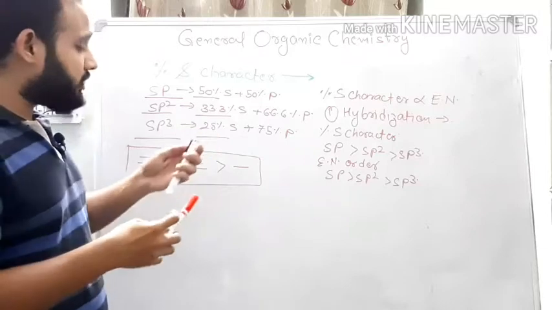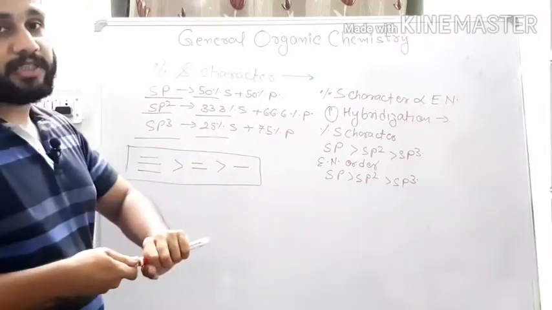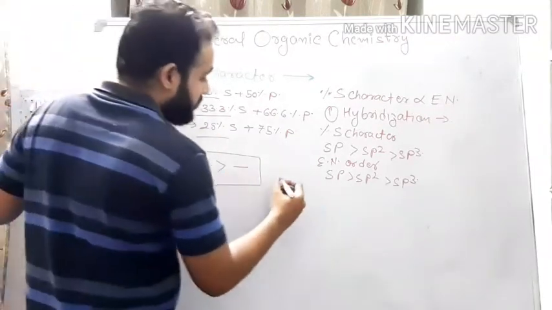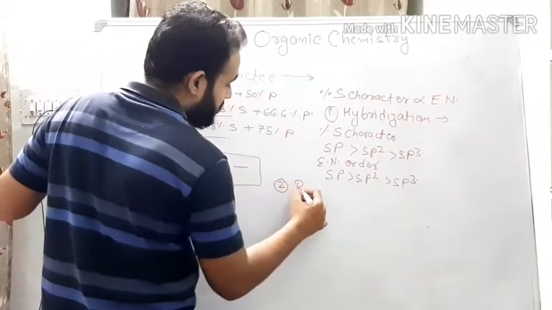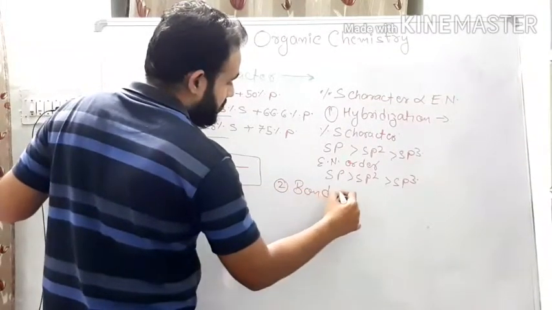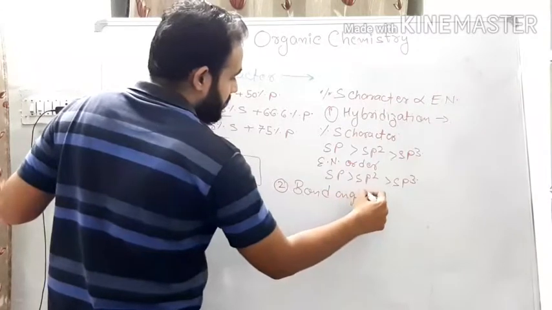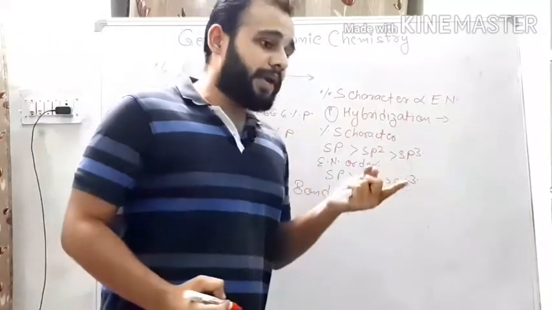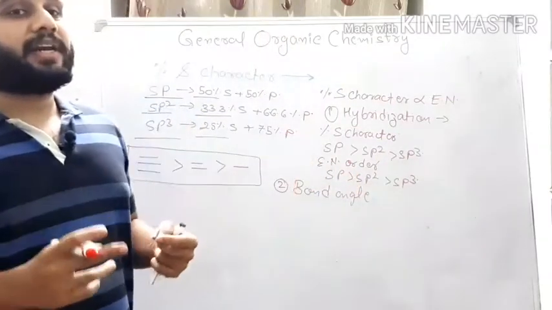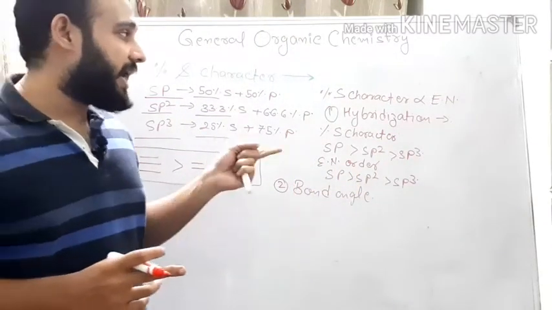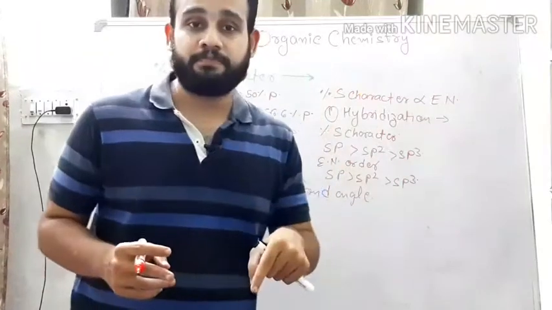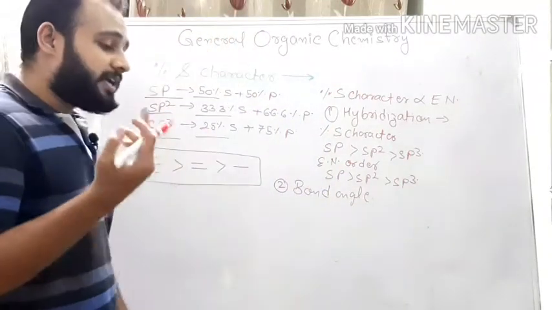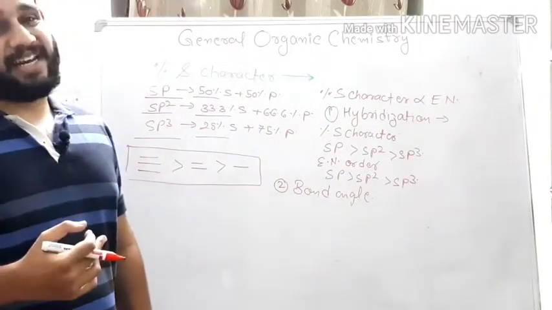Okay, now the second category after hybridization is bond angle. How can you relate bond angle with electronegativity? Bond angle cannot be directly related to electronegativity, but it can be directly related to percentage s character. Bond angle is directly proportional to percentage s character. A compound with a higher bond angle than another compound will have a higher percentage s character, and you know the relation between percentage s character and electronegativity.